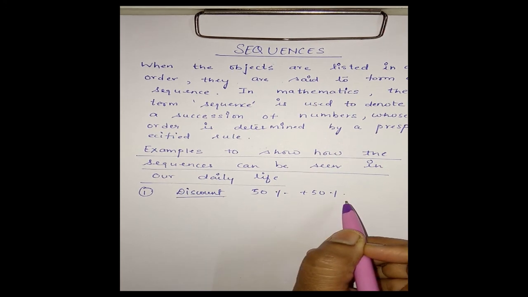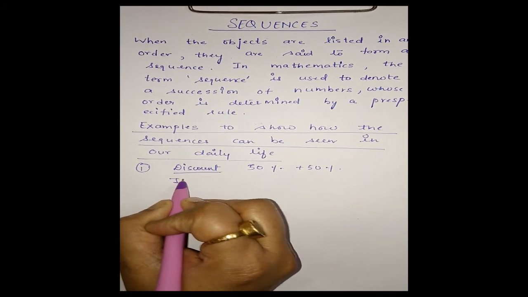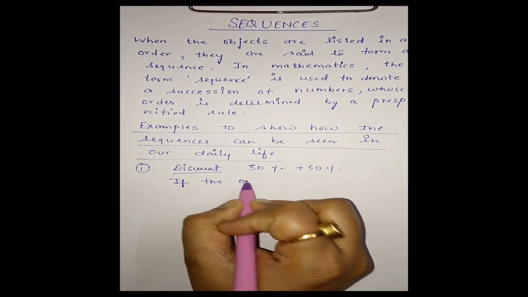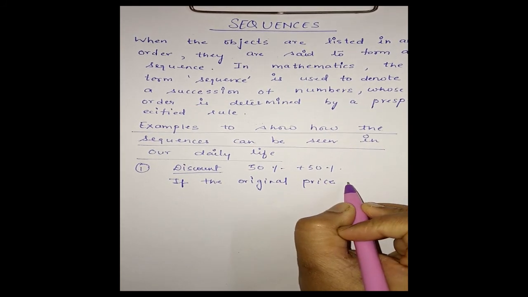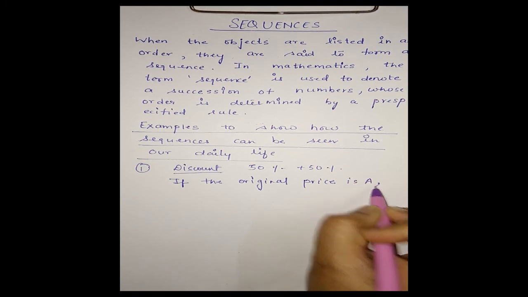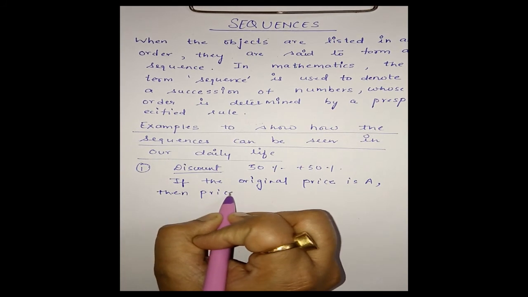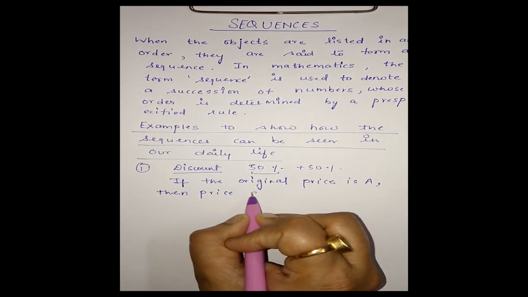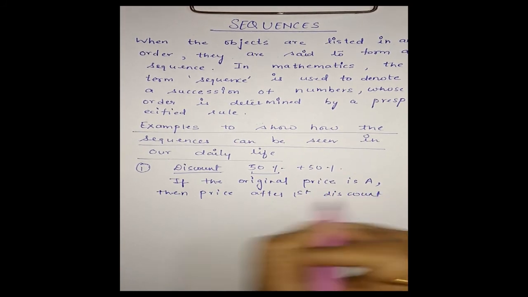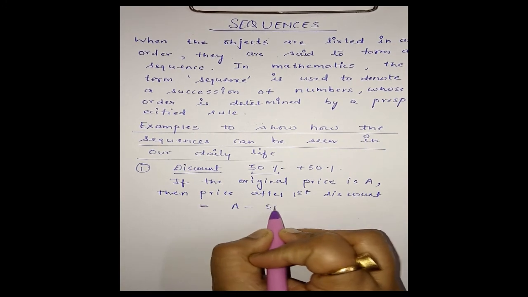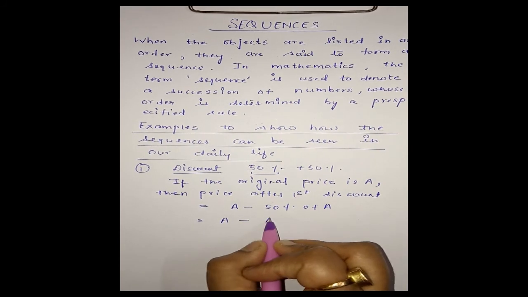This 50% plus 50% means what? If the original price of any item is A, then the price after the first discount, first 50%, will be A minus 50% of A. That is, A minus 50% of A means A by 2.